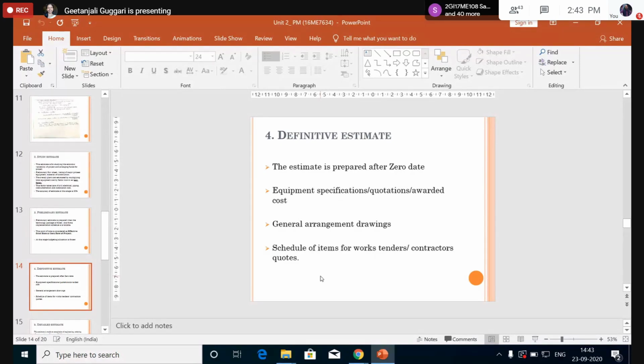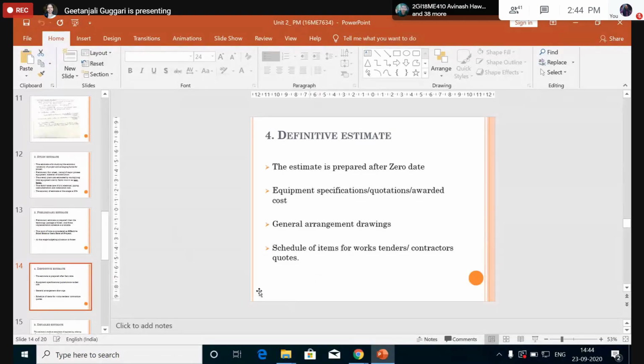So almost we are into the implementation phase. Here the general arrangement, the detailed drawings of all these things, and flow sheets, everything will be available. So we will be able to calculate the cost estimation to plus or minus 10% accuracy.